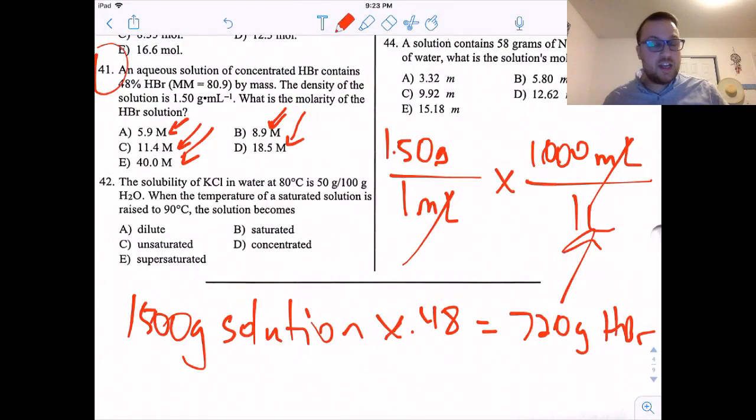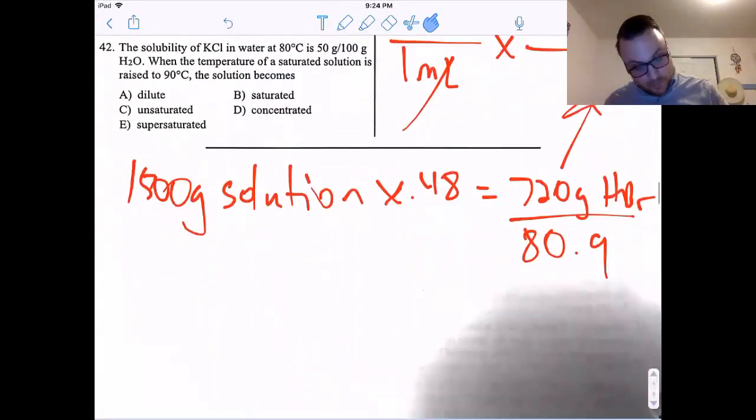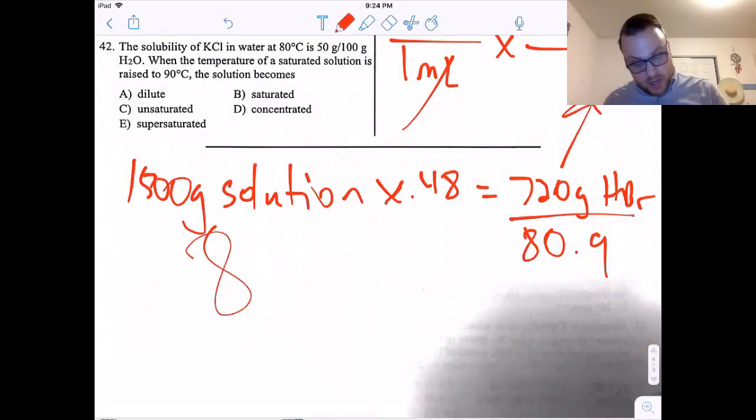So I need to get moles. And then I'm done, because we already know we got a liter, because the definition is moles per liter. So divide this by its molecular weight, which is given, and you get 8.89987 and so on. You can round that up to 8.9. B.